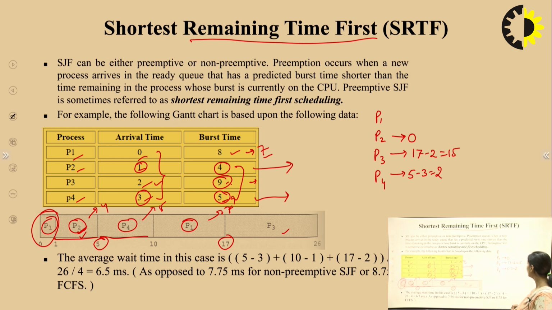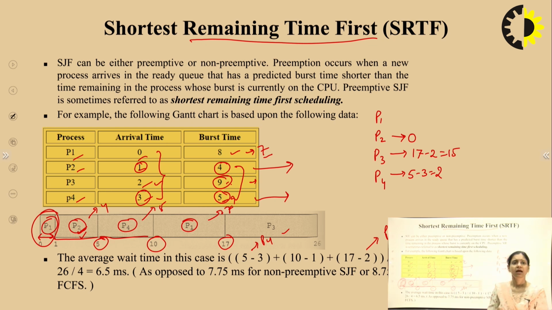So if we look over here, this one is for P4, this one is for P3 and for P1 it is 10 minus 1. Why? Because if we look here, the waiting time for process P1 is 10 milliseconds, but it already executed for 1 millisecond over here.